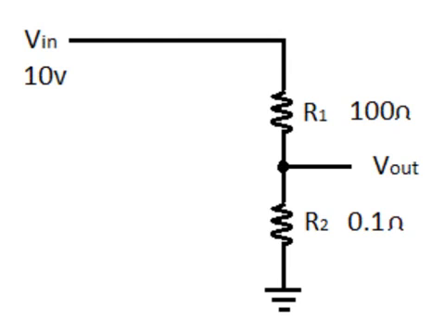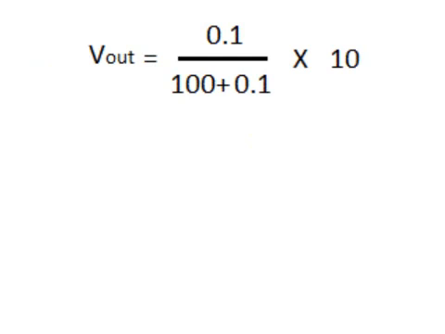In this example, I've set the lower resistor R2 to a very low resistance value, 0.1 ohms in this case. So let's calculate what Vout would be. Output voltage equals 0.1 over 100 plus 0.1, which is 100.1, times 10 volts.